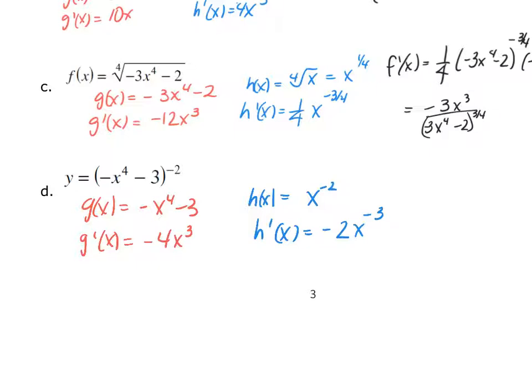Now bringing this together, y prime is going to be negative 2. I replace x with my inner function, so negative x to the 4th minus 3 raised to the negative 3, multiplied by my inner function derivative, which is negative 4x to the 3rd.